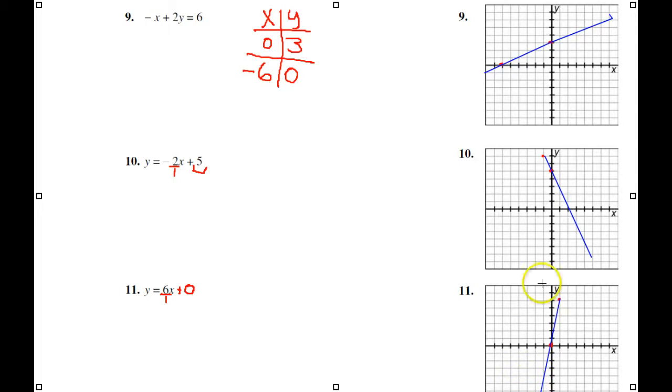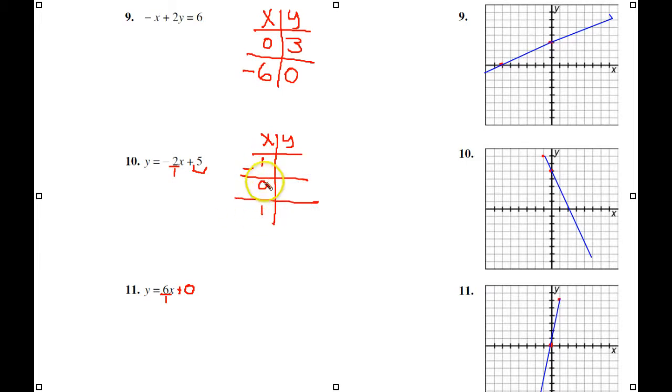Now, again, the other way of doing this that we mentioned in the first topic is when you make your T-chart, if it's in slope-intercept form, you're going to put a -1, a 0, and a +1. You're going to get 3 points.